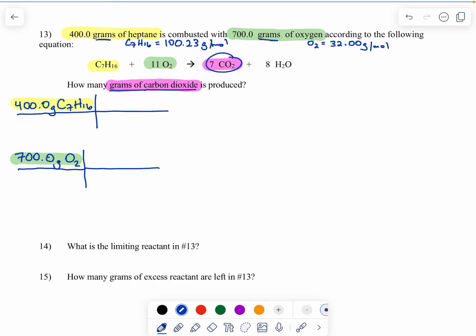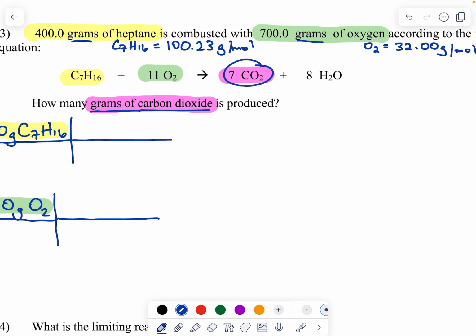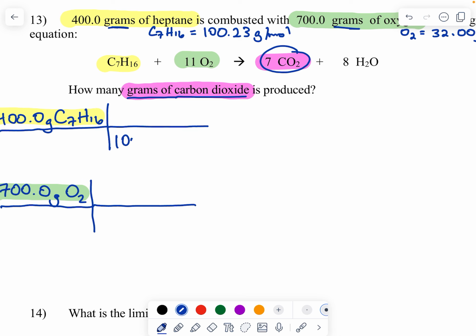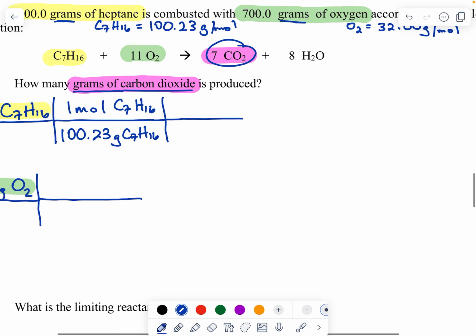Because we are going from grams to grams, we first need to use those molar masses. Good thing we already calculated those, so we just plug them in. There are that many grams of C7H16 for every 1 mole. And then our next step would be crossing the mole bridge to go from moles of A to moles of B. I use the balanced equation to do that.